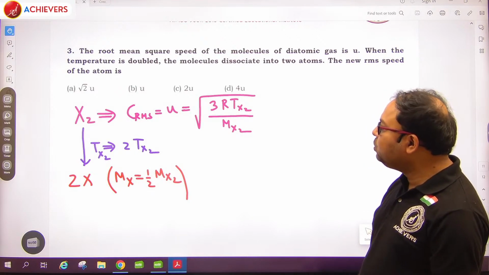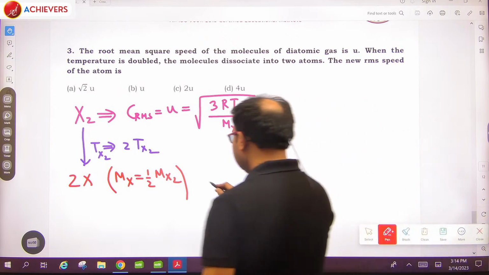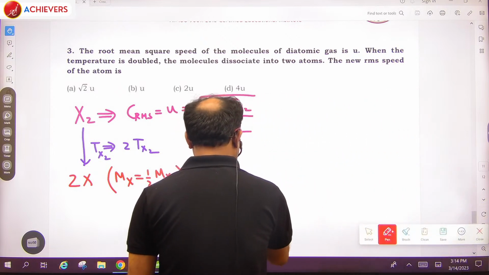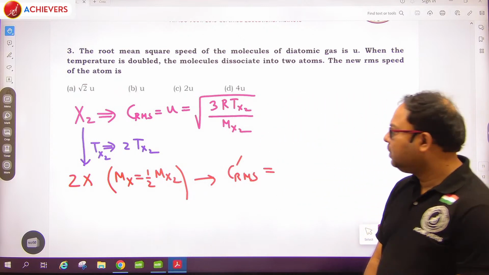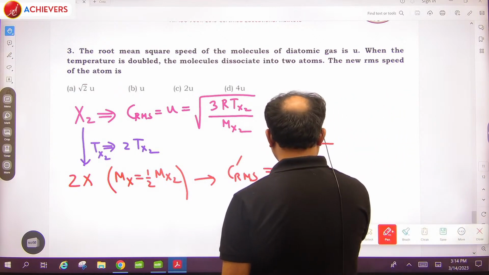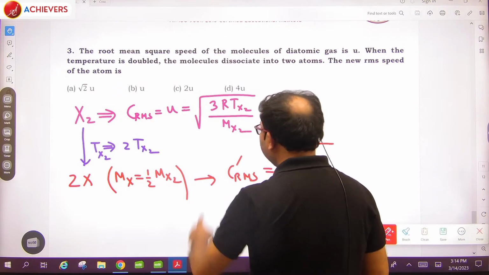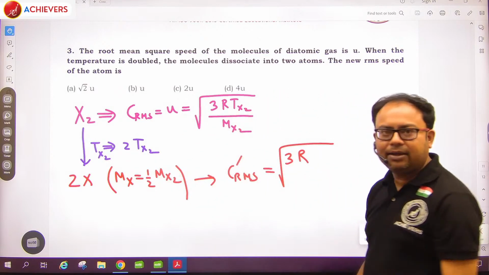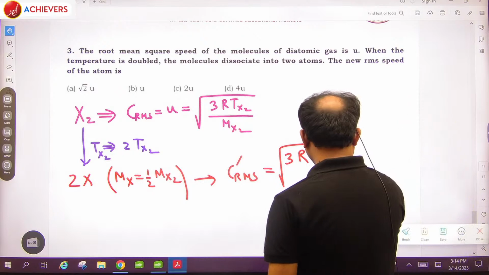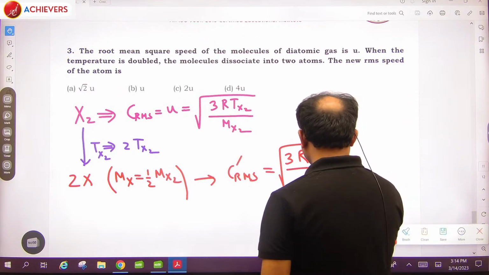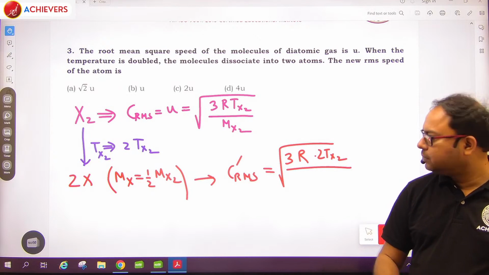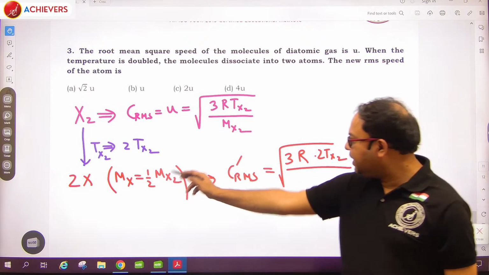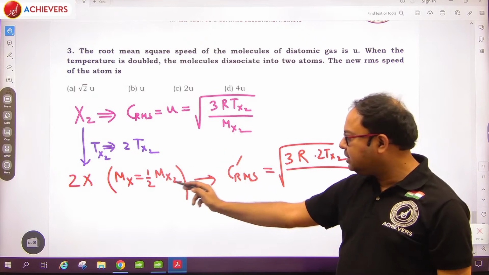What should be the new CRMS? Let the new CRMS be CRMS dash. That is equal to root over of 3R, now the temperature is 2 into Tx2, so 2Tx2, divided by Mx, and Mx is half of Mx2.